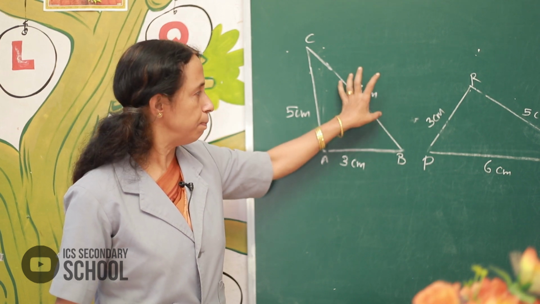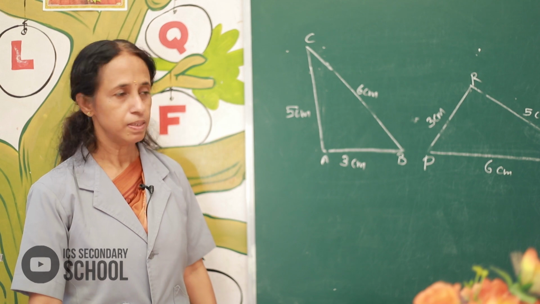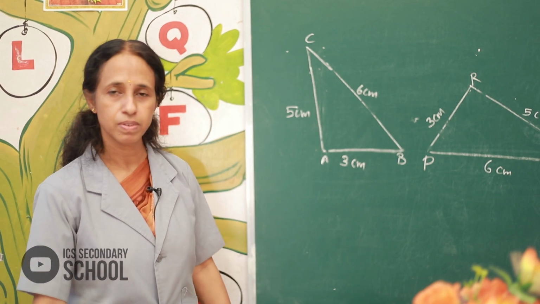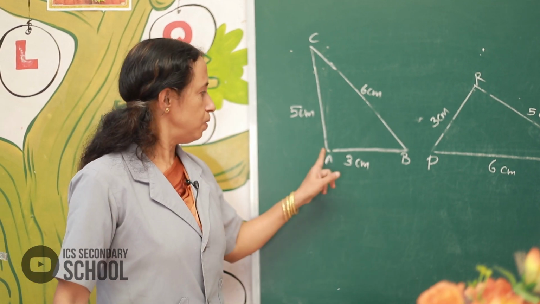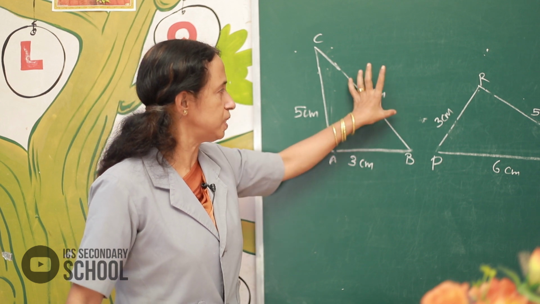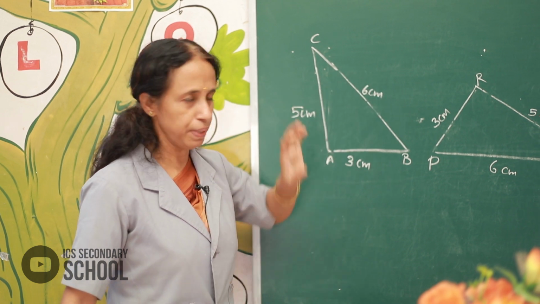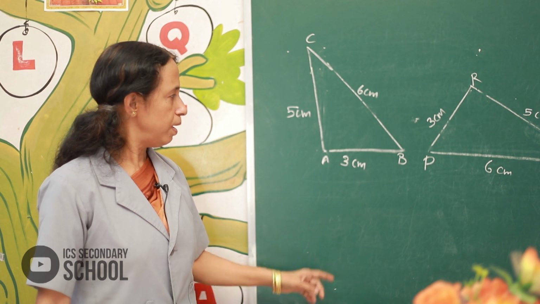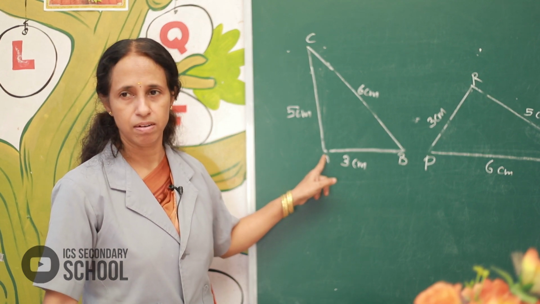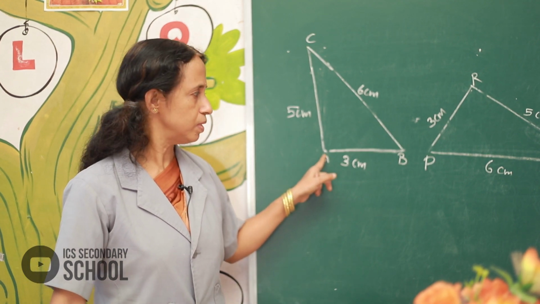Look here, angle A is the opposite angle of side BC. Angle A is the largest angle of triangle ABC.